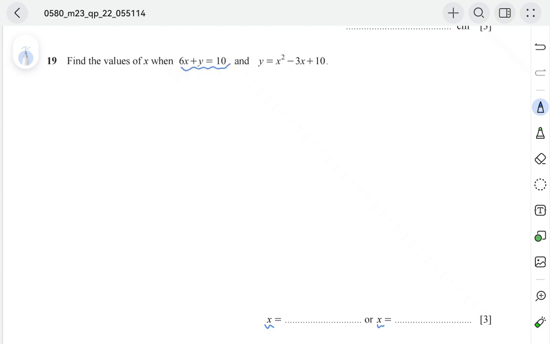Let's rewrite this equation as y equals 10 minus 6x. And let's copy down the other equation to have nice, neat working so we can visualize it better. And we can substitute equation 1 into equation 2, and that just equates the two equations.